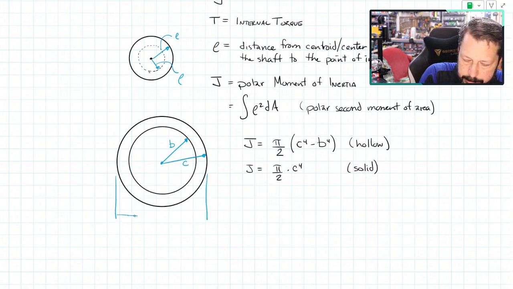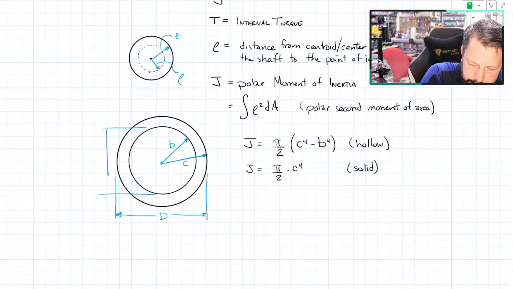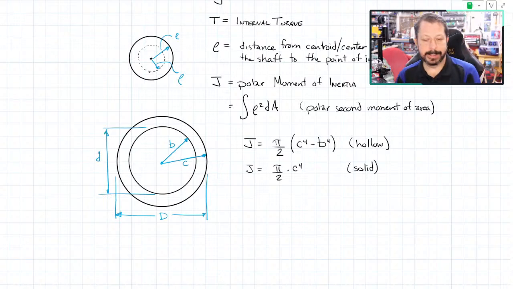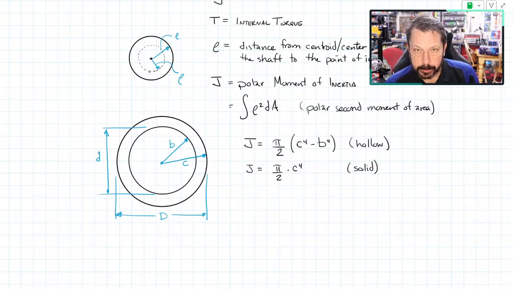This is not how you label the diameter on a shaft, but we're going to do it this way. So if you had the diameters, the inner and outer diameter, I've gone with the outer diameter as capital D and the inner diameter as lowercase d.